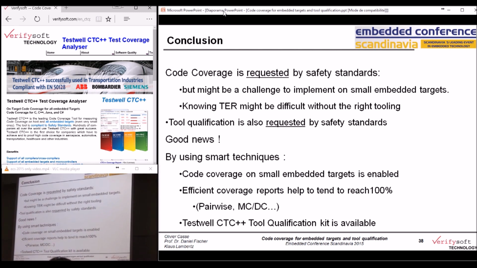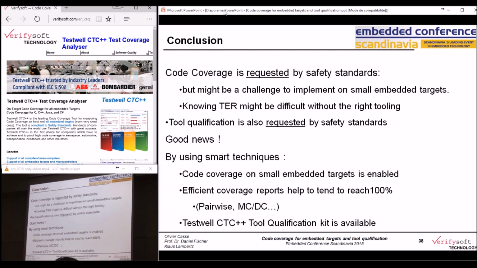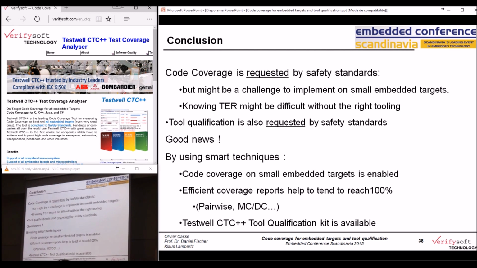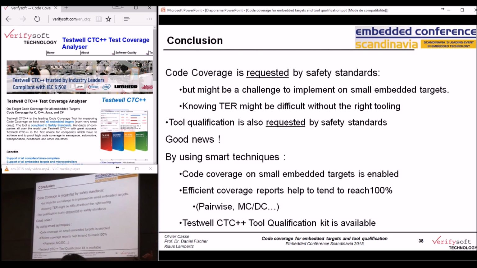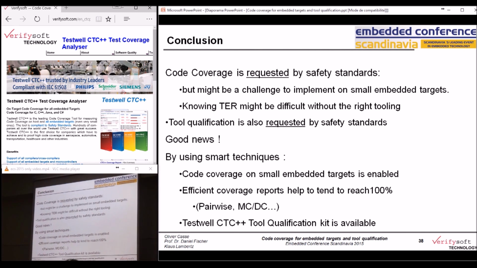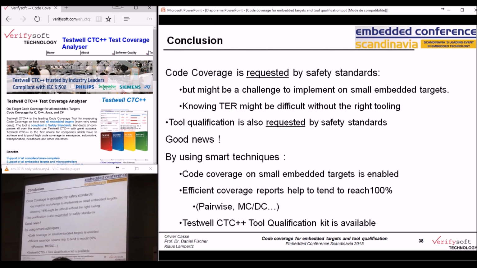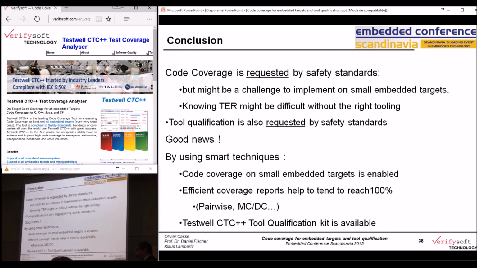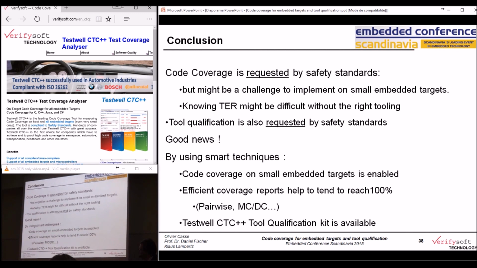Okay, I think I am almost done with my presentation. As a conclusion, we have seen that code coverage is requested by the various safety critical standards in a lot of industries. But it could be a challenge to implement this on targets with limited resources.